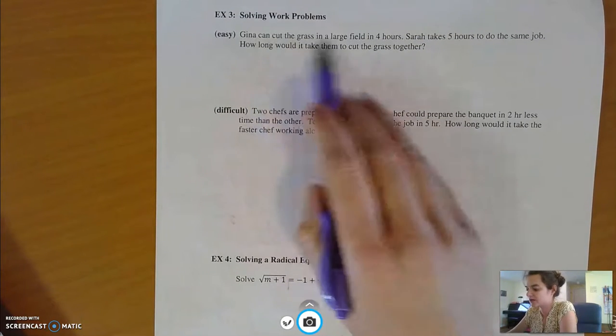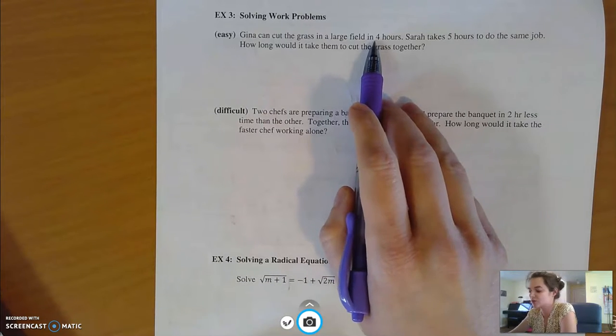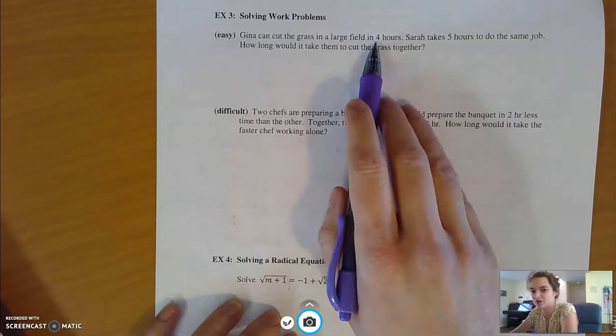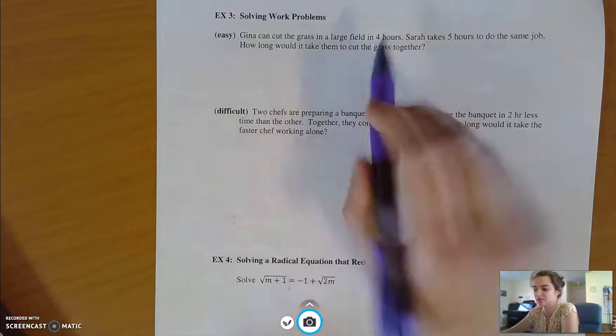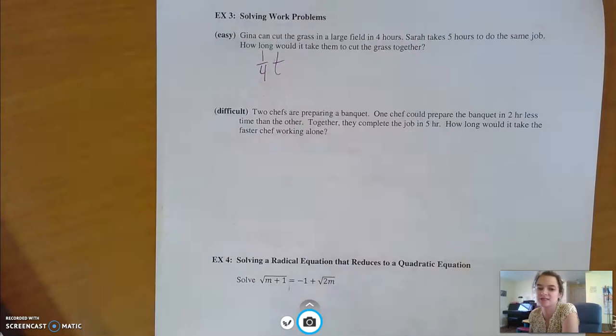So the amount of work that Gina does will be rate times time. So her rate is she can cut the whole thing in 4 hours, which means in 1 hour she's cutting 1/4 of the field. So her rate is 1/4, and I'm just going to use a t for time.